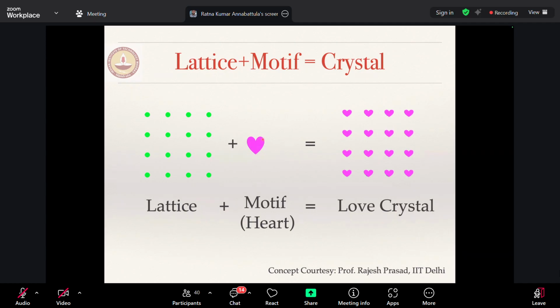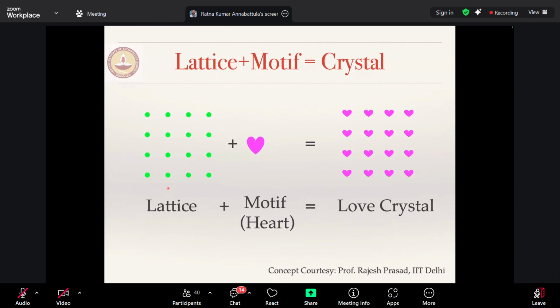Similarly, if you replace this heart with copper, then you would get a copper crystal in which the copper atoms are arranged in this fashion. If you add gold as a motif, then you get a gold crystal where the gold atoms are arranged in this fashion. Is the concept of lattice and crystal clear now?